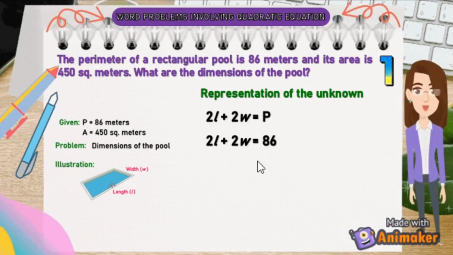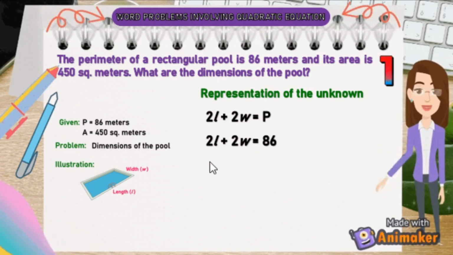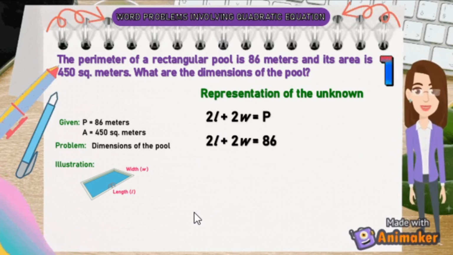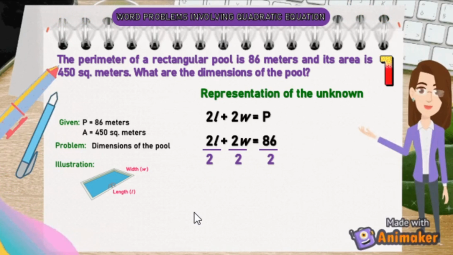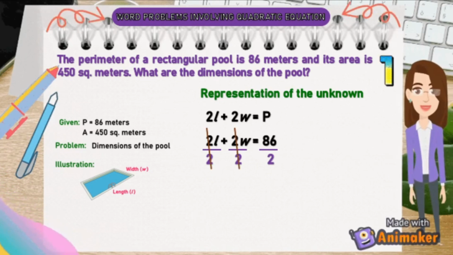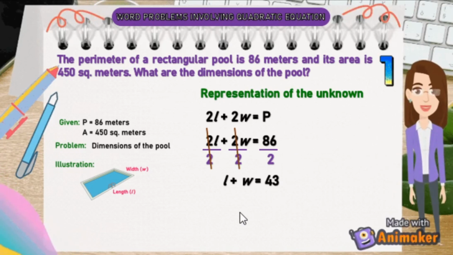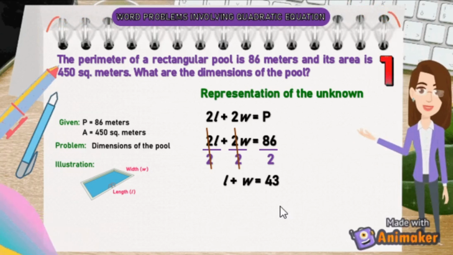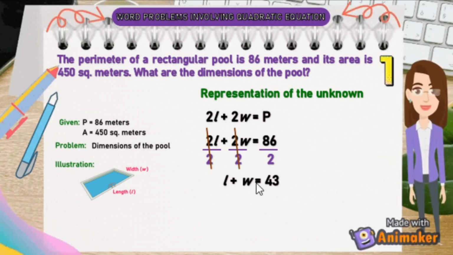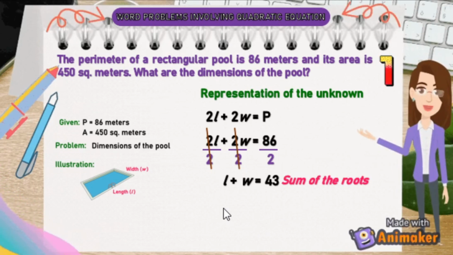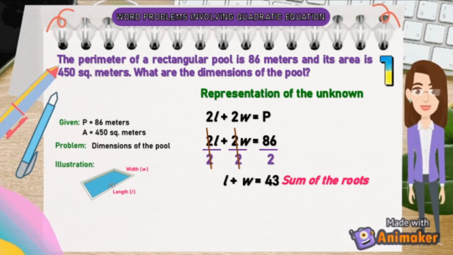And if we further simplify this equation, we can see that the common factor is 2. So, therefore, pwede natin silang i-divide lahat by 2. So, magkakaroon tayo ng L plus W is equal to 43. So, 86 divided by 2 is 43. So, therefore, since addition, we can say that 43 is the sum of the roots of a quadratic equation.